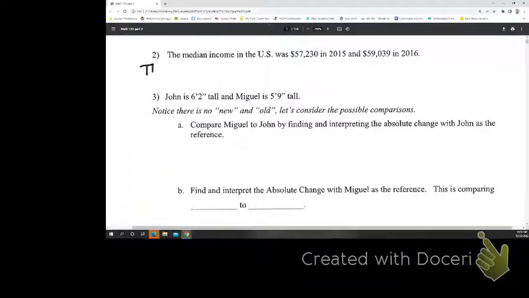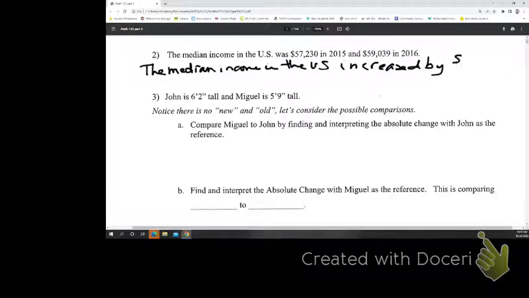So I could say the median income in the U.S. increased, or the median income between 2015 and 2016 increased by that amount.